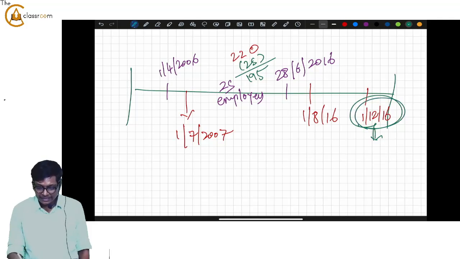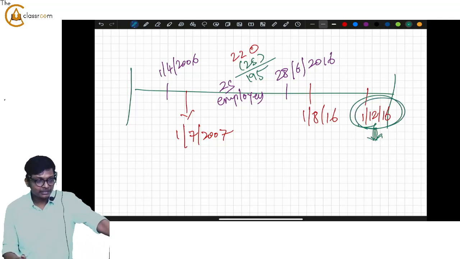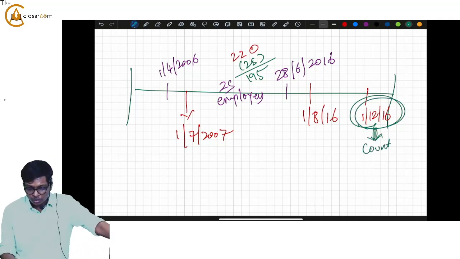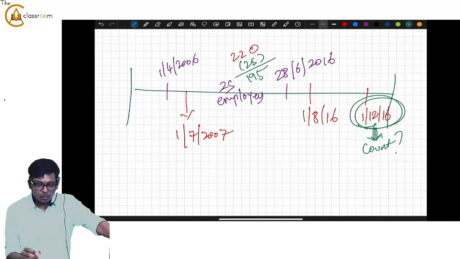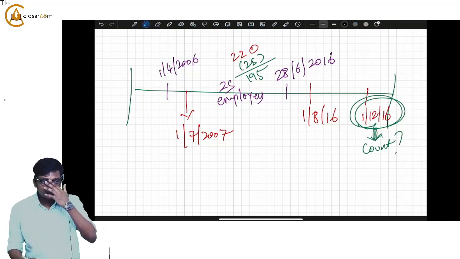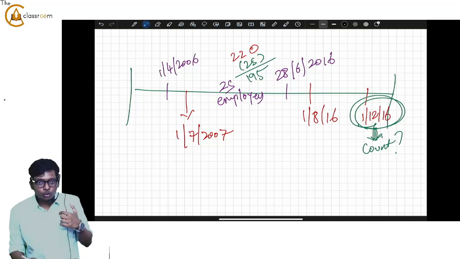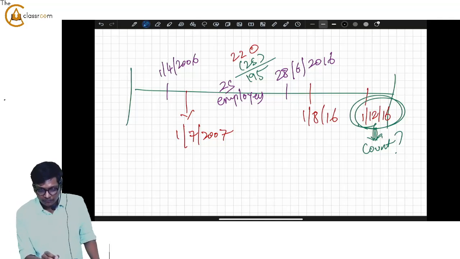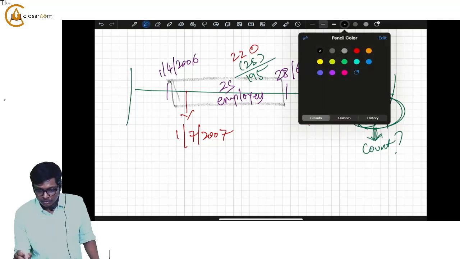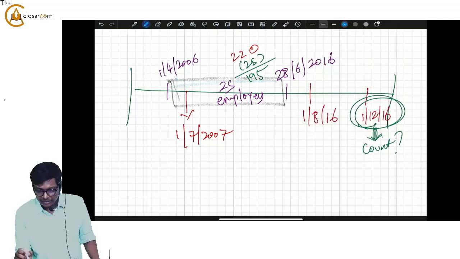Can I count these or cannot count? What is the provision saying? Any shares purchased during the course of employment is excluded. Which is the period during the course of employment? This period. Correct?